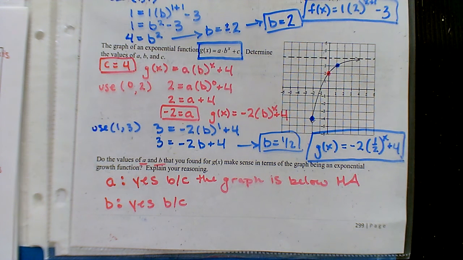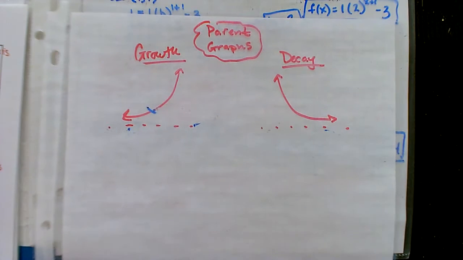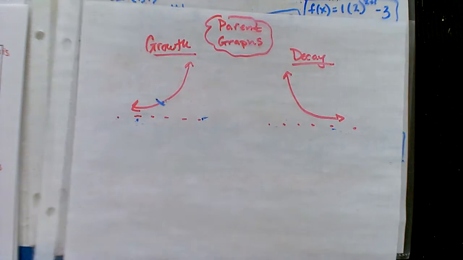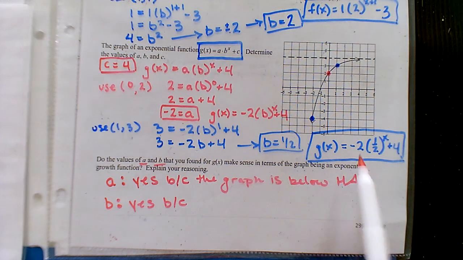Let me bring up the paper. Remember, these are our only options, growth or decay. Did we identify any flips in this equation that we have? Do we have a negative somewhere out front, right? Which is an x-axis flip.